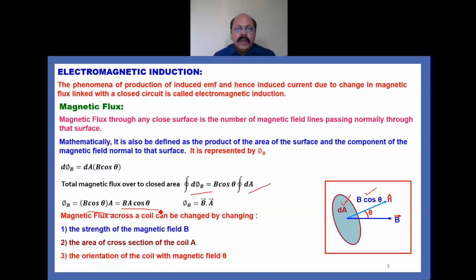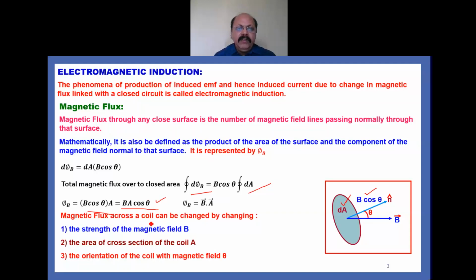Now, how can the magnetic flux across a coil be changed? You see that here there is a formula phi B equal to BA cos theta. So there are three parameters: B, A, theta, that is magnetic field, area of the coil, and relative orientation of the coil with magnetic field.